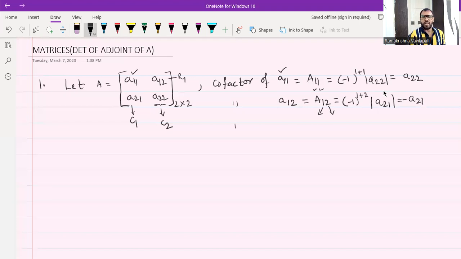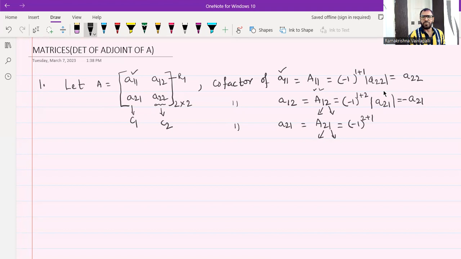So what is the cofactor of the next element a21? A21 is equal to (-1) to the power of 2 plus 1. Now remove the second row and first column.